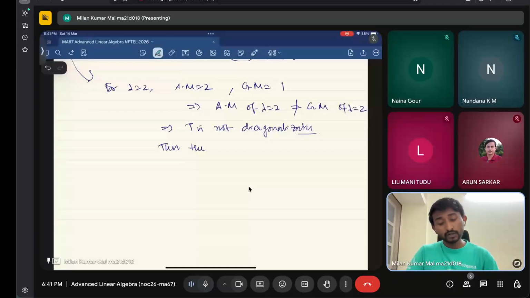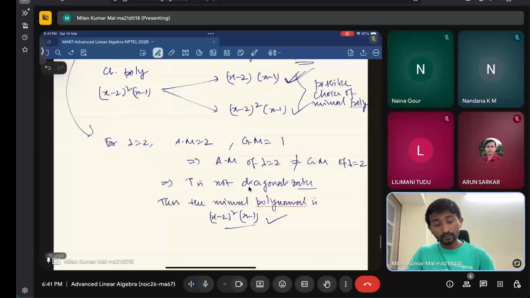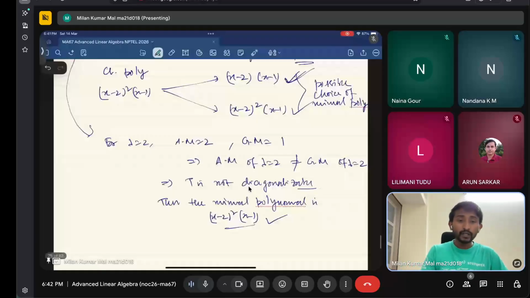So the only choice left is this one. So this is not a possible choice. Why is this not a possible choice? Because T is not diagonalizable. Why is T not diagonalizable? Because corresponding to the eigenvalue lambda equal to 2, we got only one linearly independent eigenvector. This is what it is. So this is the minimal polynomial.